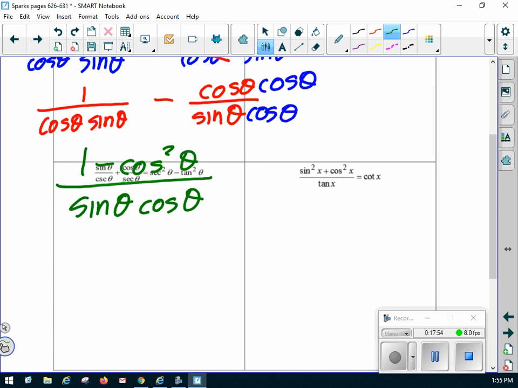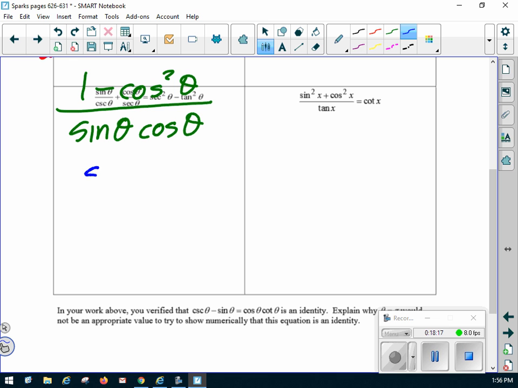Where am I trying to go? I need this to ultimately equal tangent theta. So what's 1 minus cosine squared theta? Sine squared theta. So the numerator is sine squared theta.